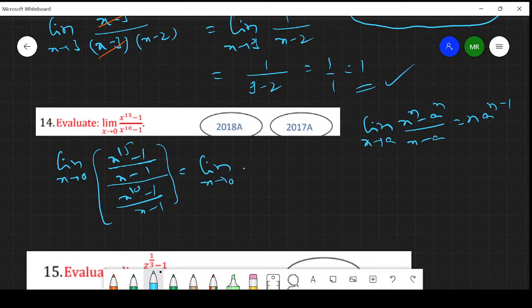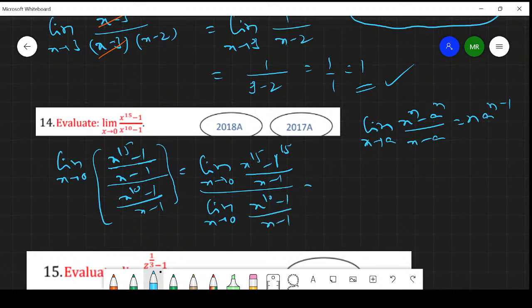Limit x tends to 0, x power 15 minus 1 by x minus 1, 1 power anything is 1 only, by limit x tends to 0, x power 10 minus 1 by x minus 1.